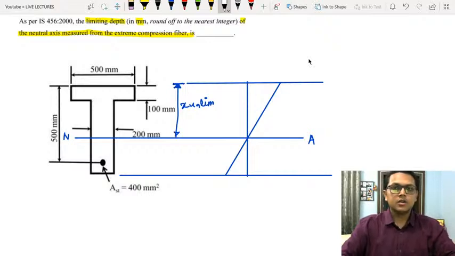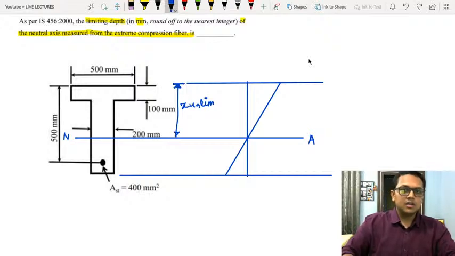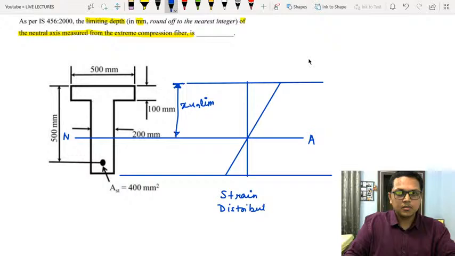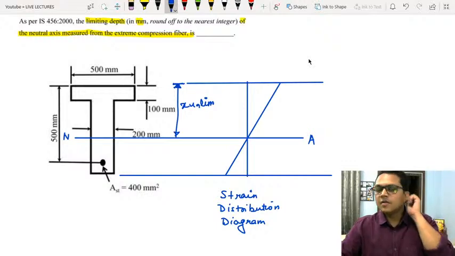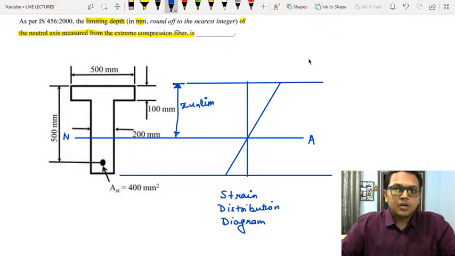okay, so the strain in the extreme compressed fiber of the concrete, this is the strain distribution diagram. So this is the compressive strain and this is the tensile strain.